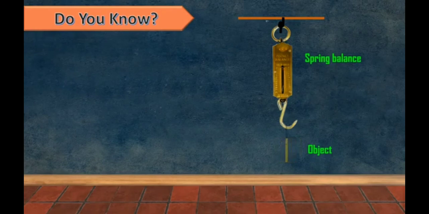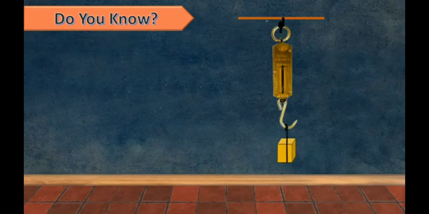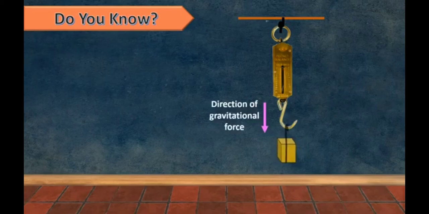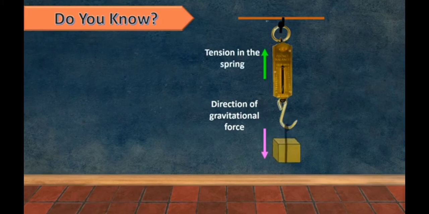Do you know the spring balance? Yes, it is used to weigh an object. You can see here the spring balance is holding an object. So what happens exactly here now? How can you see the weight of the object? What is the reason? The gravitational force is applied to the object to pull it downward. And the tension in the spring, there is a spring inside the spring balance which tries to pull upward, showing the weight.